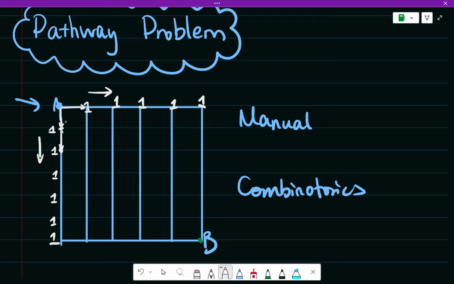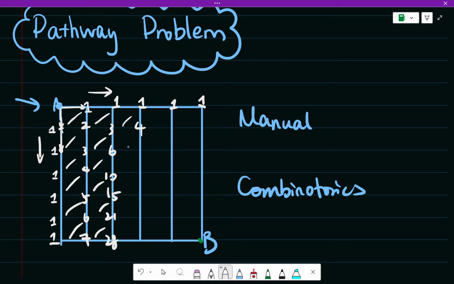And then we just add these two and we will get this number. Add these two, we will get that diagonal number. And we do the same process, so on and so forth. And we will get something like this: 4, 10, 20, 35, 56, 84.